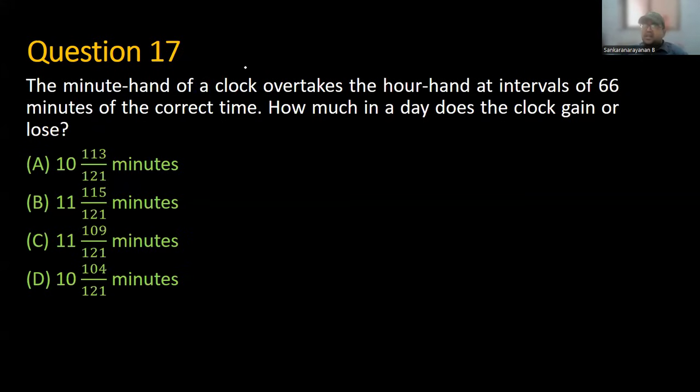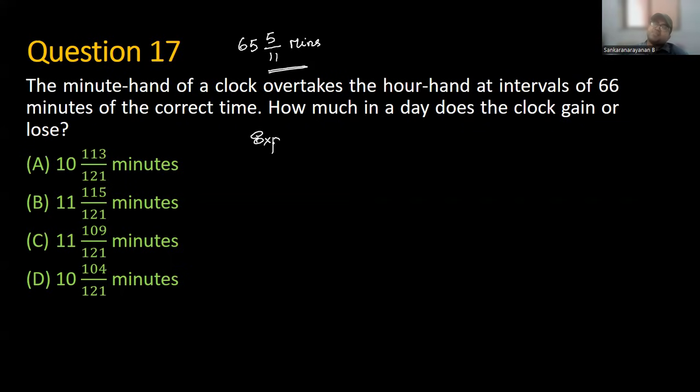In the concept, I have explained that the time gap between two successive coincidences is 65 and 5 by 11 minutes, right? In every 65 and 5 by 11 minutes, you can see that the hands of the clock coincide with each other.